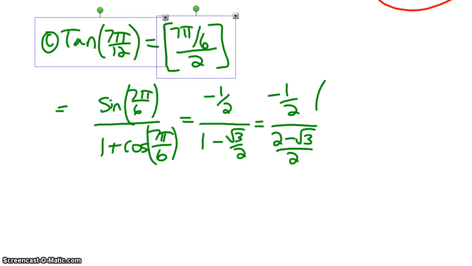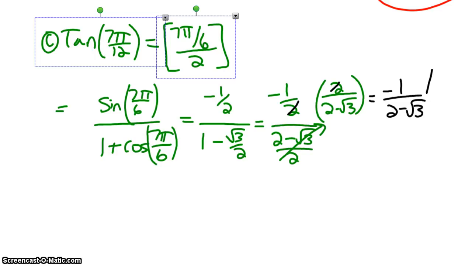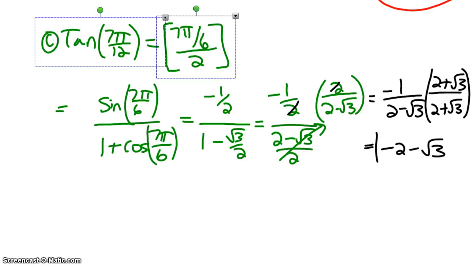When I multiply by the reciprocal, I really have the 2's canceling, giving me -1 all over 2 minus radical 3. Rationalizing by 2 plus radical 3 all over 2 plus radical 3, I will eventually get to -2 minus radical 3.